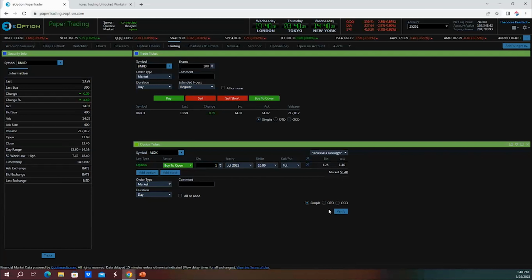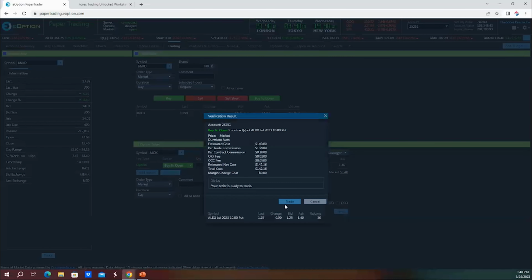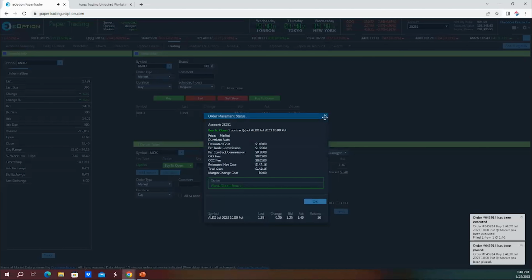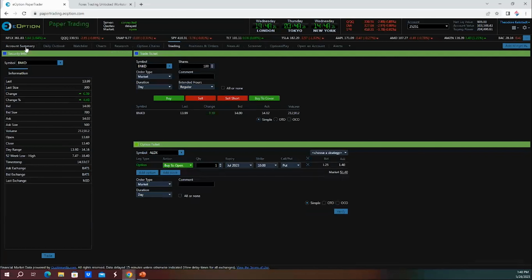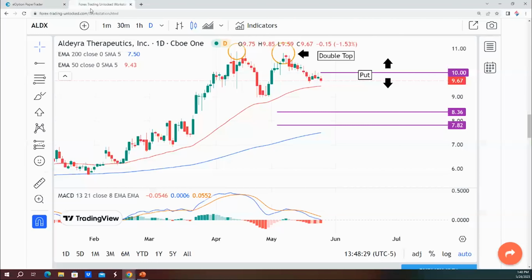Here we have the straight put, and this makes it a little bit easier to see. So we go back to our account summary, and just waiting for that. Okay, but anyhow, so 140, so $1.40.